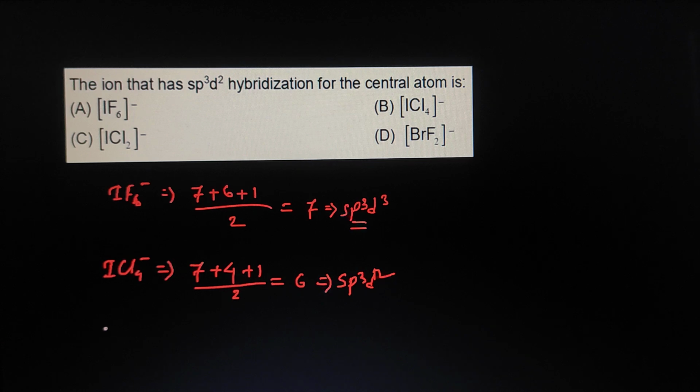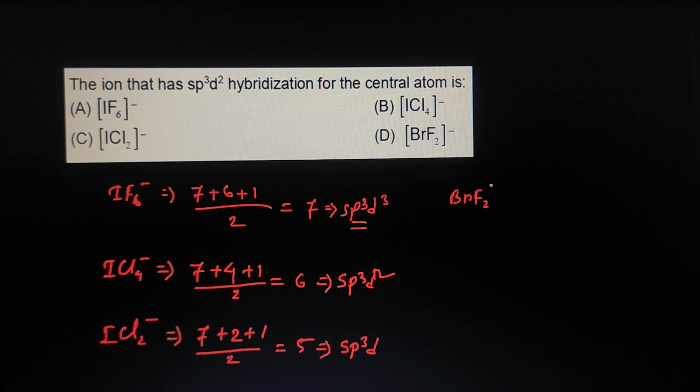If you also determine the hybridization of ICl2 minus, the central atom 7 plus 2 plus 1 charge by 2, that is 5, that means sp3d. And for BrF2 minus, the valence electron of bromine 7 plus 2 fluorine plus 1 charge by 2, that means 5.